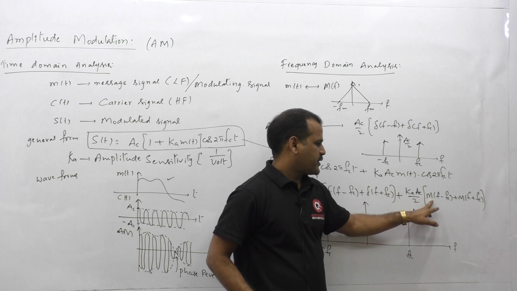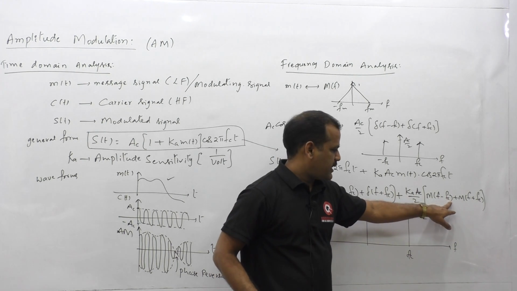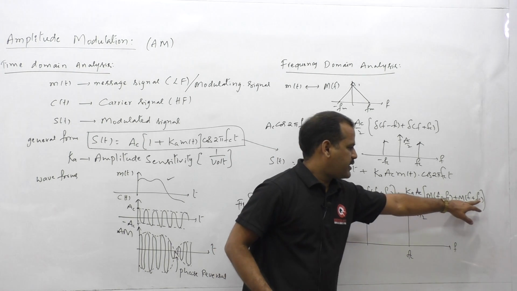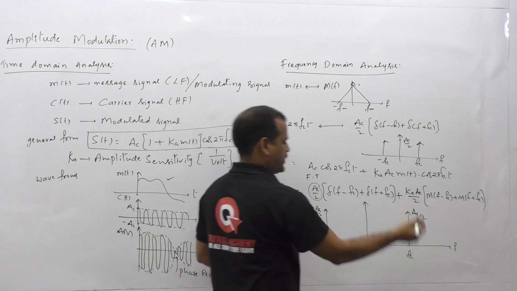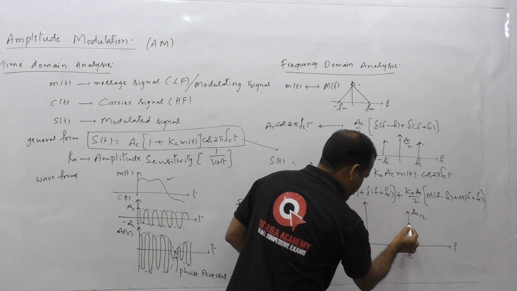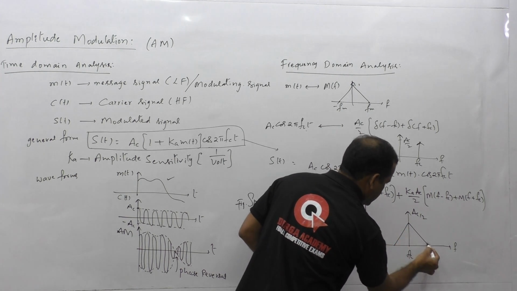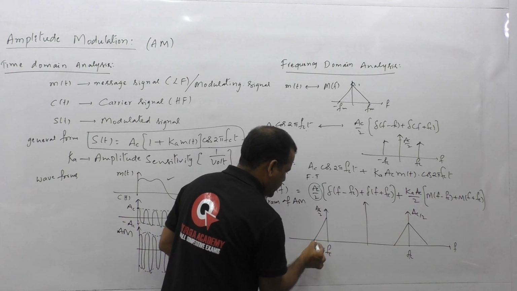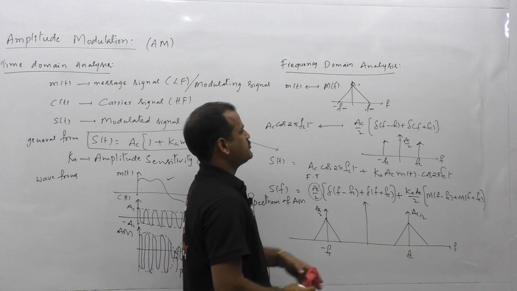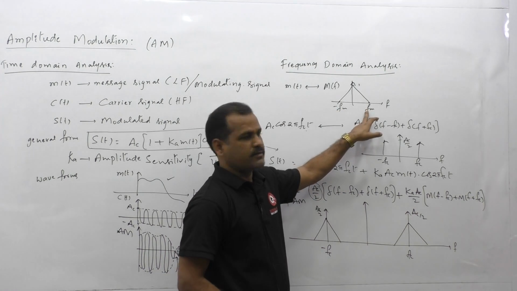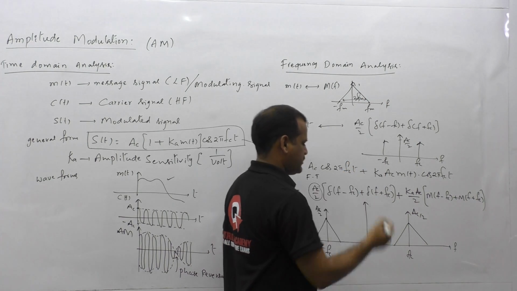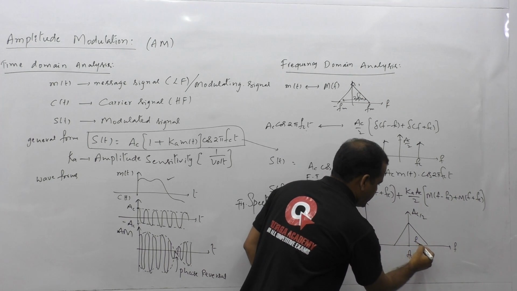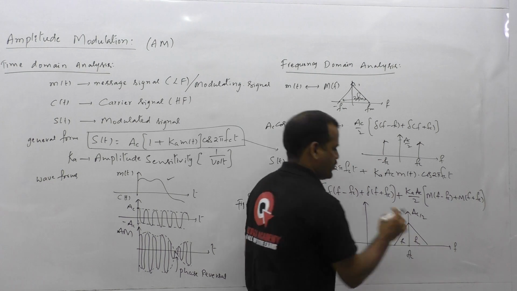This has the message signal shifted to the fc right side and the fc left side. Two message spectrums, shifted at plus or minus fc, means we will get the plot corresponding to the second term like this, and observe that from minus fm to plus fm, the width of this function should be 2fm. That means this side fm, this side fm, totally 2fm width.